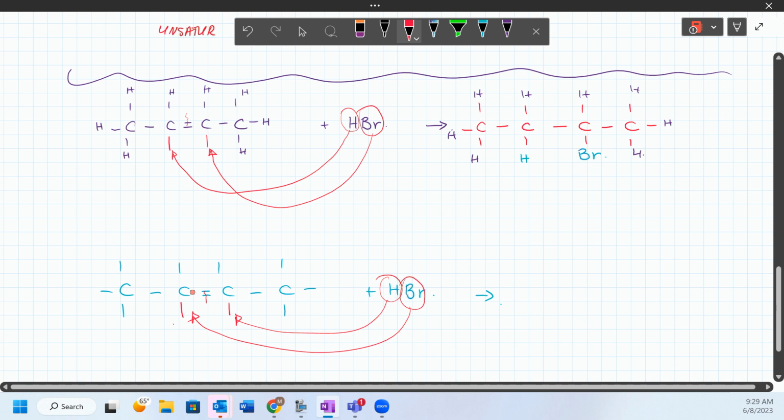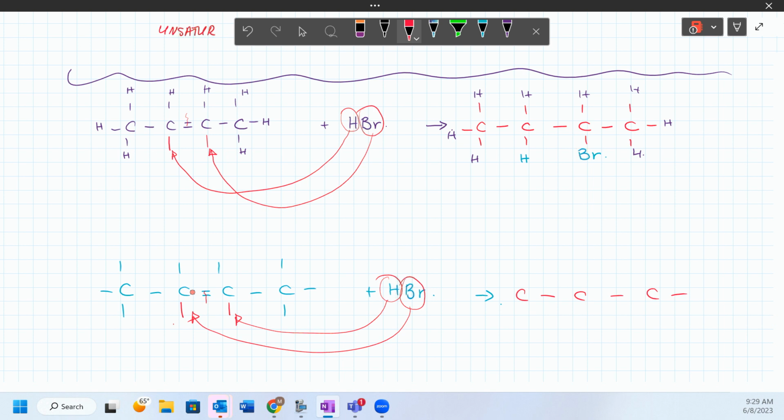So what we will have here is 4 carbons, single bonded, and the original hydrogens that were here, from the original hydrocarbon.